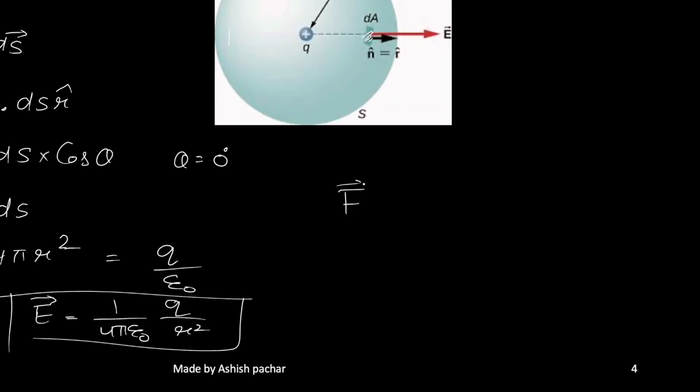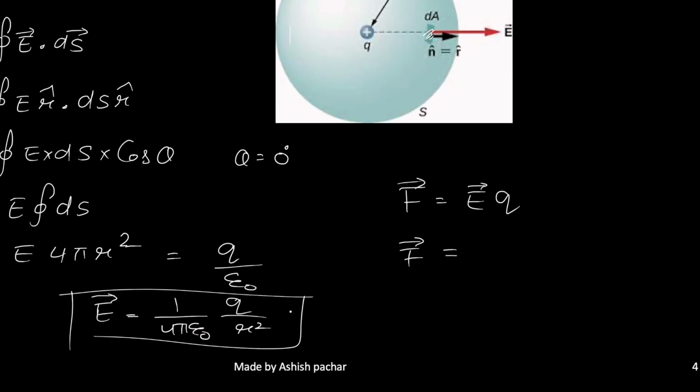Force is nothing but E vector into Q. Then the force F is just putting in the E vector value, and since we are representing a vector, we also have to specify the direction of E, which is the r cap direction.